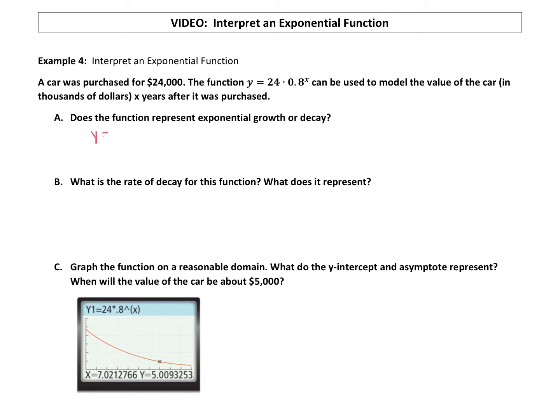Well, let's just rewrite. We have y equals 24 times 0.8 to the x power. That's our a value, 24. Our b value, the base of our variable exponent, is 0.8. Because that b value is less than 1, and it will be greater than 0, that was part of our definition, this is going to be an exponential decay.